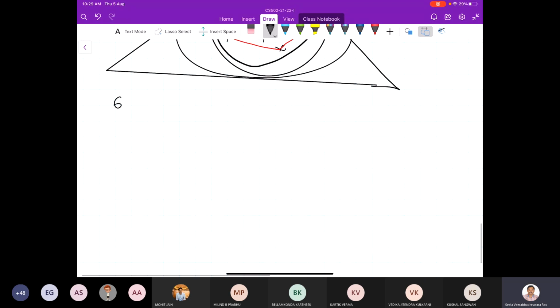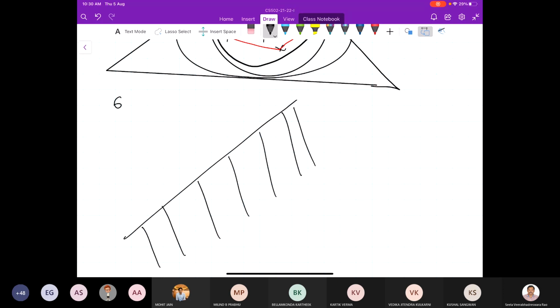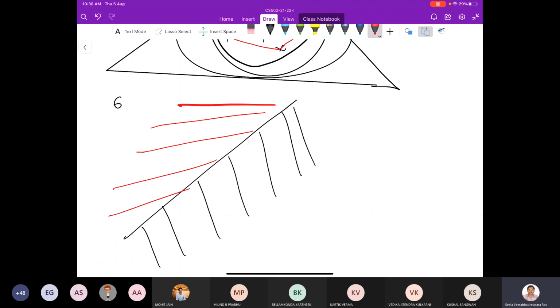Suppose you take this, this is a two-dimensional plane. Now in this plane, if you take one infinite line, this line divides the plane into two halves. This is one half of this plane, and this is another half of the plane. This is what is called a half plane.